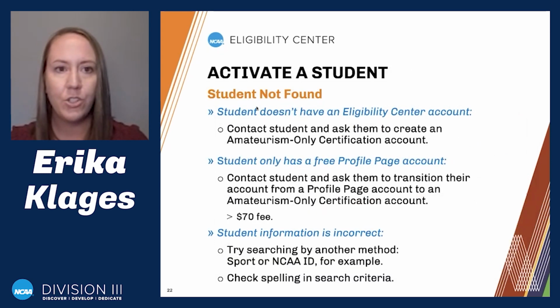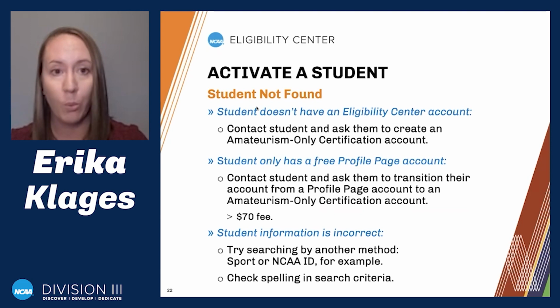So what do we do if you can't find the student athlete? Either the student athlete does not have an Eligibility Center account, and so at that point you would want to have them register, with an amateurism only certification account if they are creating a new account.